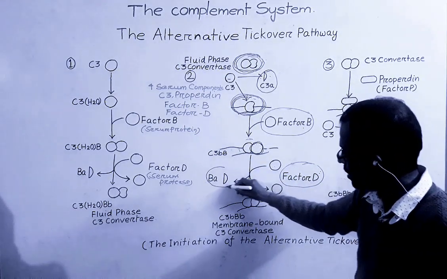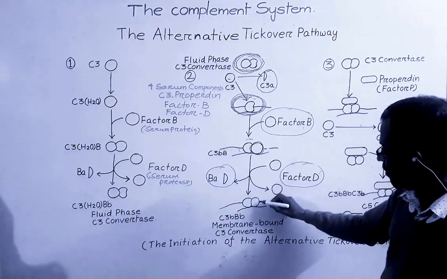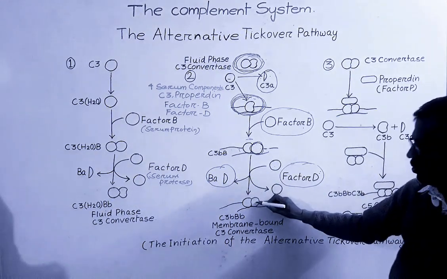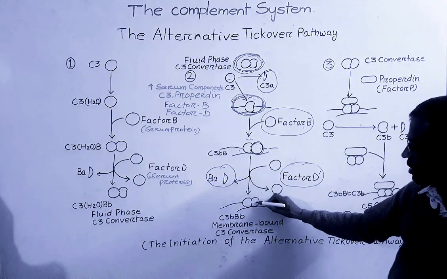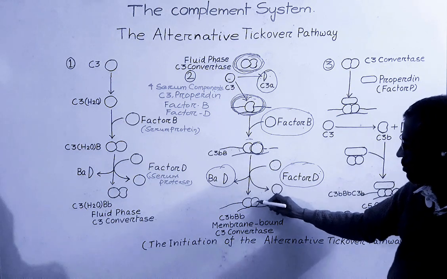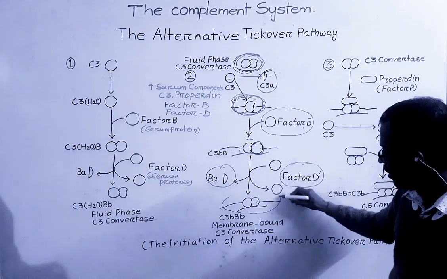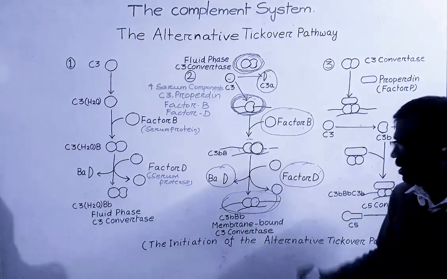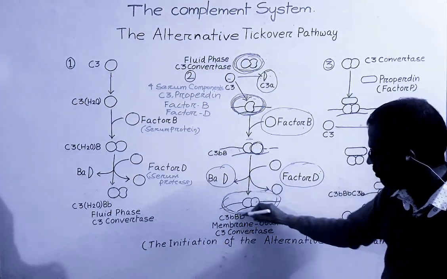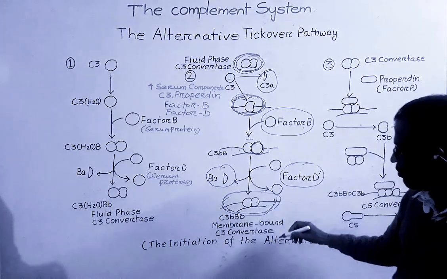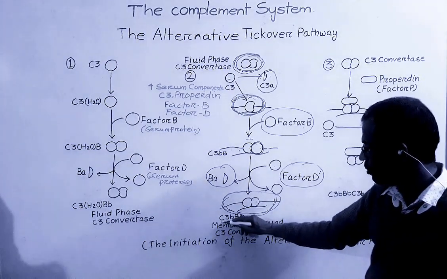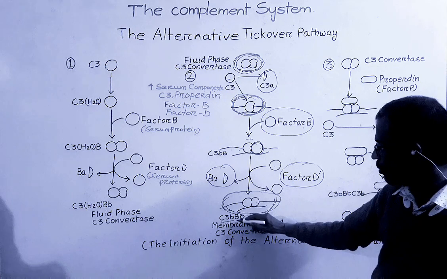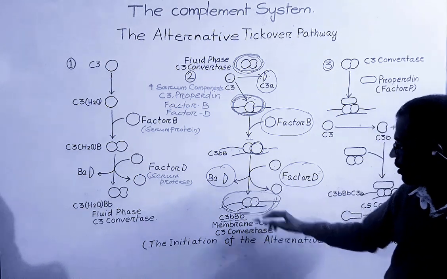The smaller fragment is Ba and the larger fragment is Bb, which remains associated with the C3b to form the membrane-bound C3 convertase. So, the membrane-bound C3 convertase is composed of one molecule of C3b and one molecule of Bb.